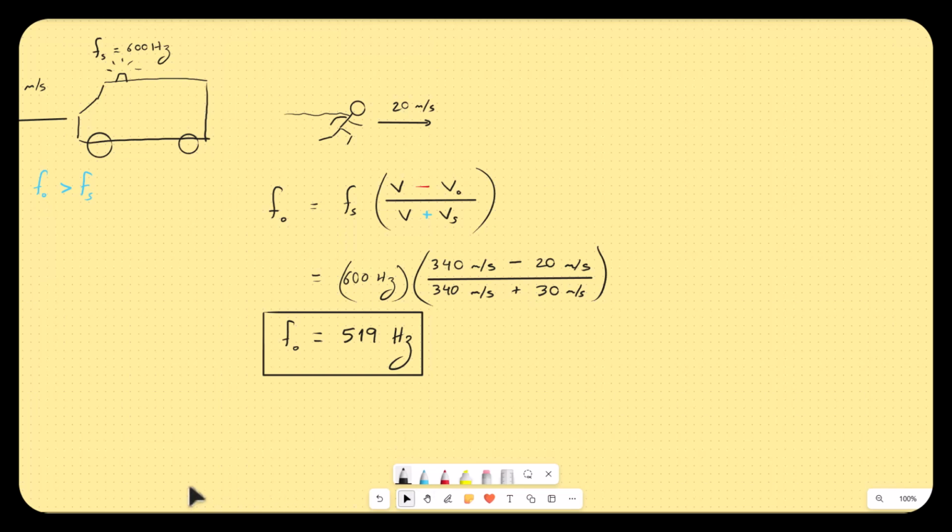Last thing, I can also use this to find a speed if I don't know what that speed is. Let's say I am standing here and there is something moving toward me. It's going to be just a box with a speaker on it, and it'll be on wheels.